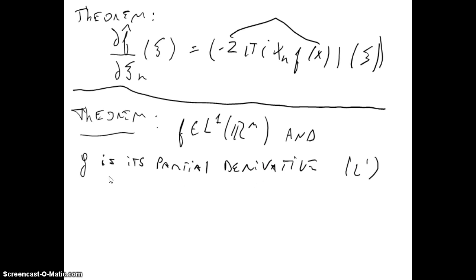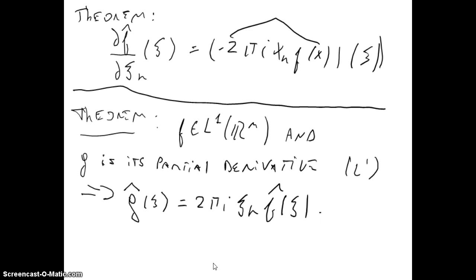So then g hat of xi is equal to 2 pi i xi_k f hat of xi. Okay, so this is kind of a converse result of the one that we stated here.